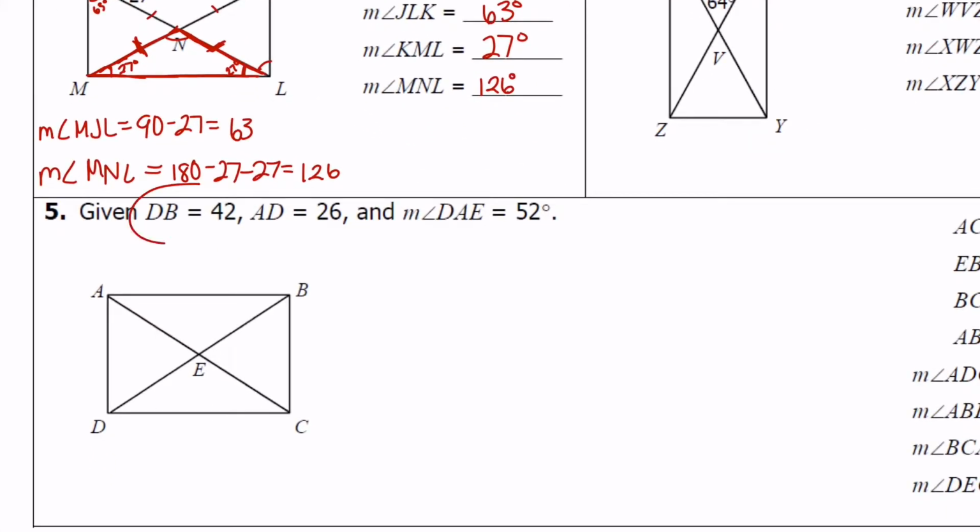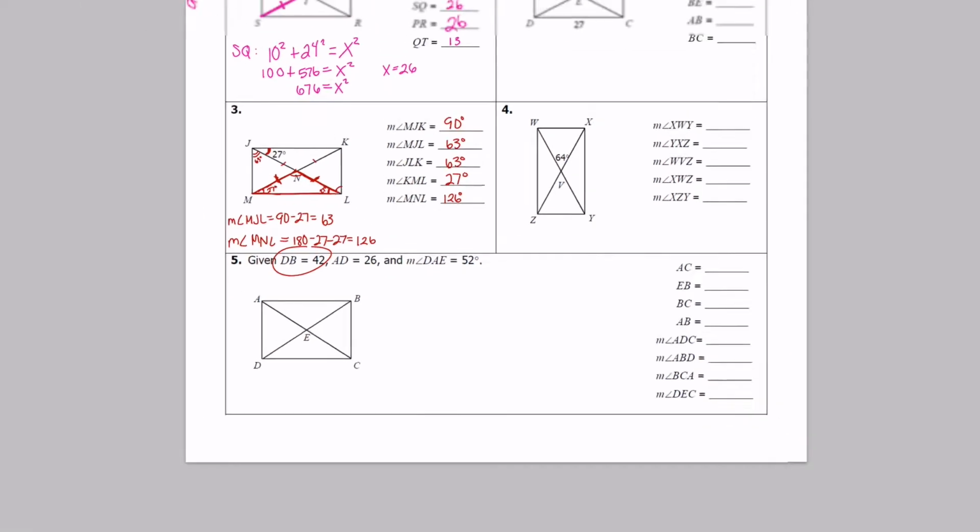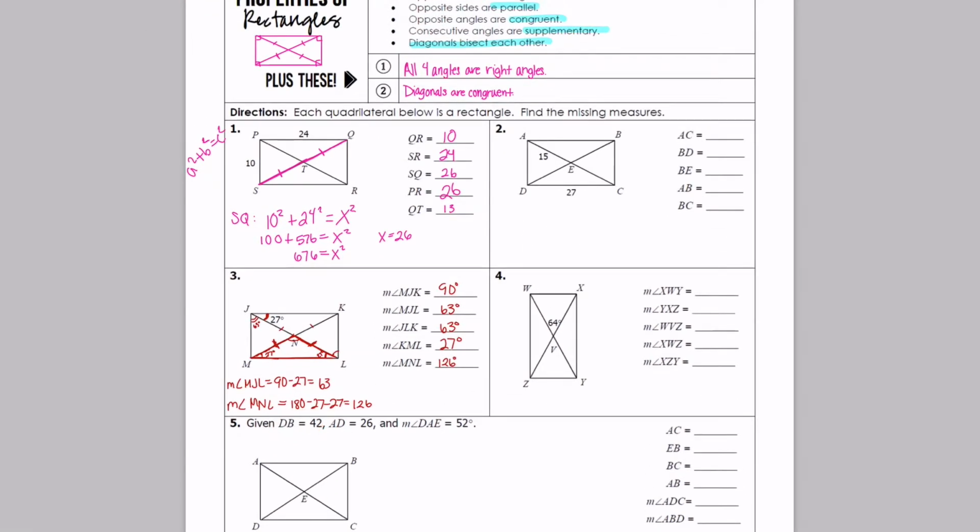It gives you the length of DB, the length of AD, and then the measure of angle DAE. So use what we just did, and use your properties of rectangles and try to find those other sides and angles that it's asking.